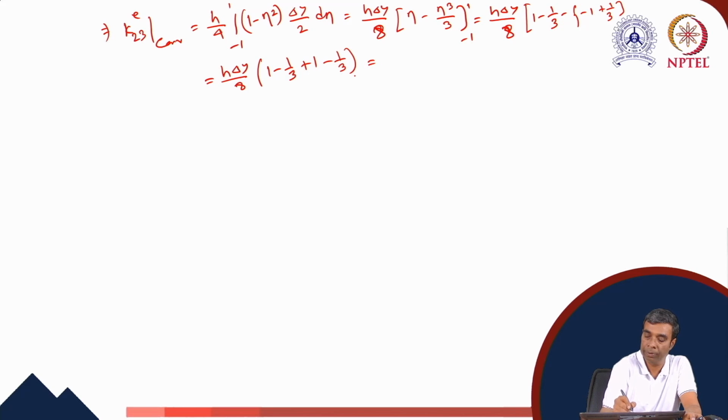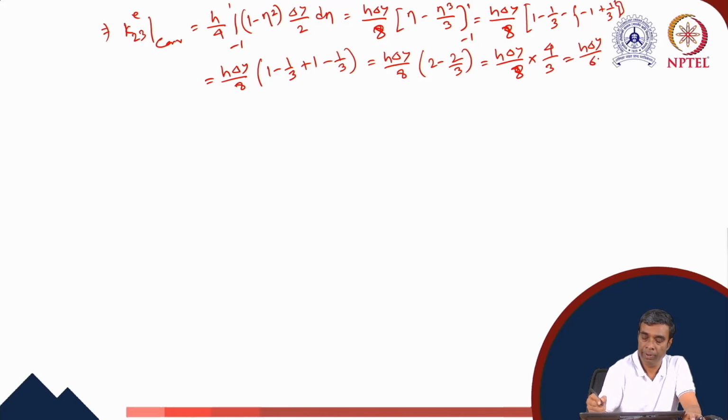This is H delta y by 8 into 2 minus 2/3, equals H delta y by 8 into 4 by 3, equals H delta y by 6.